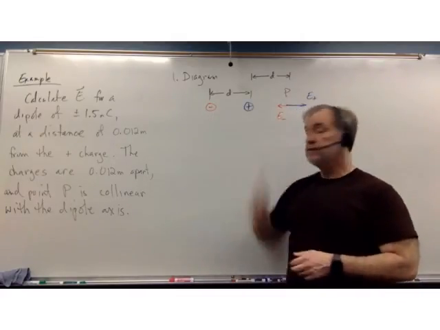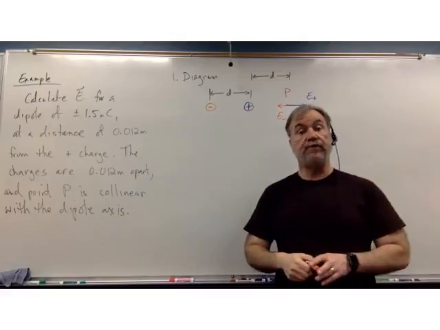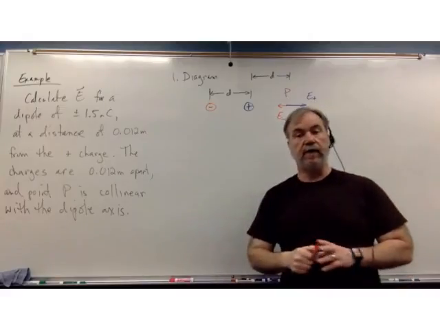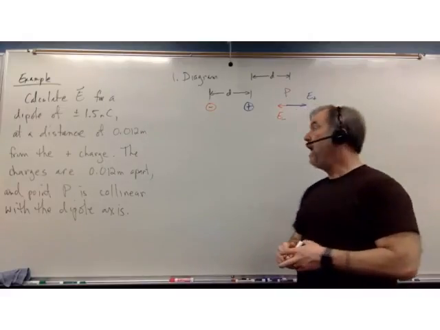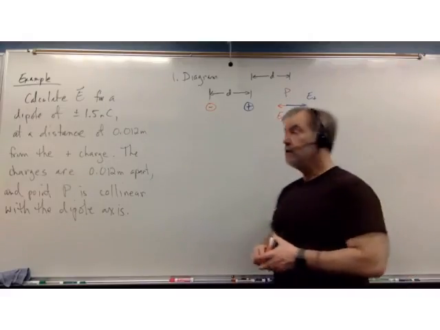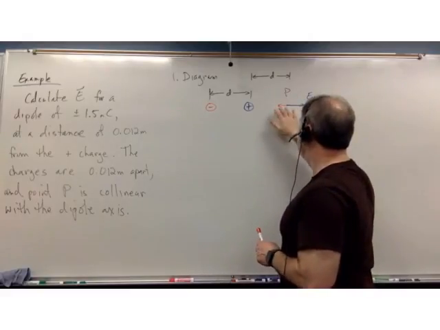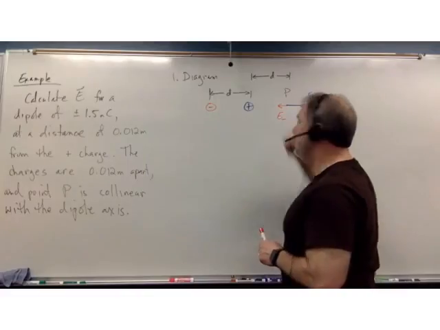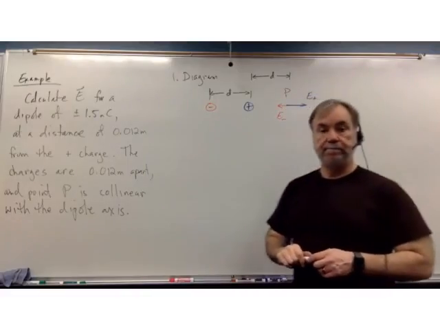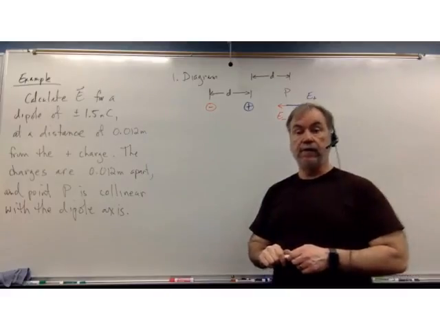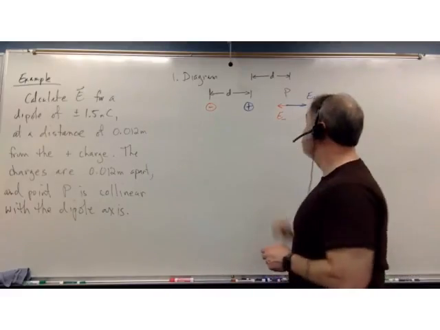Because the negative source charge is farther from point P than the positive charge is. And very important concept here, the length of the negative field vector is not going to be half the length of the positive field vector.